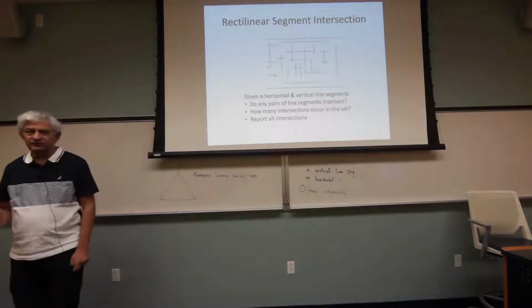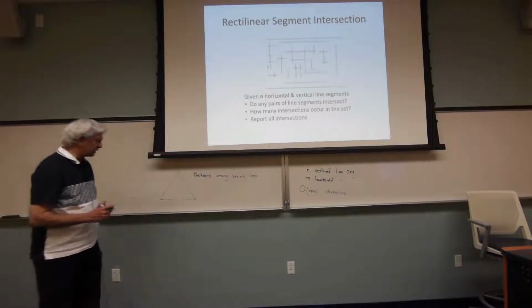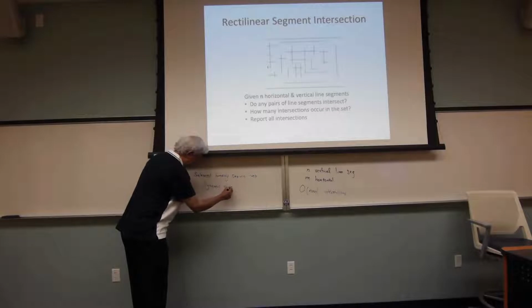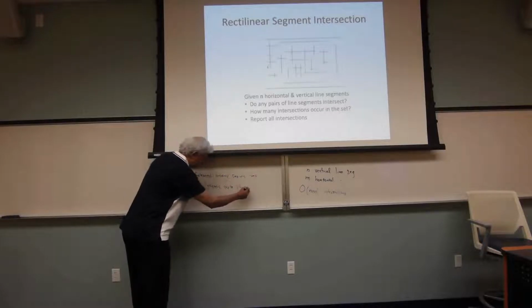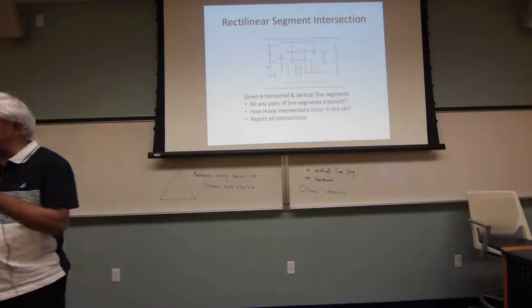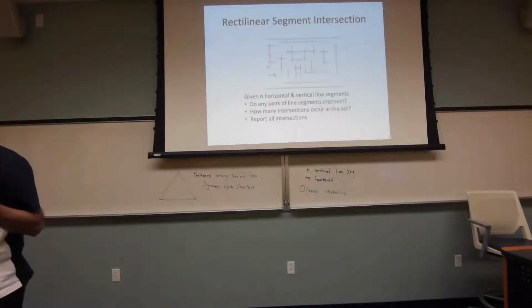A balanced binary search tree is a data structure. It's actually a dynamic data structure.